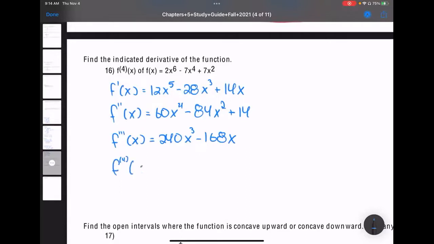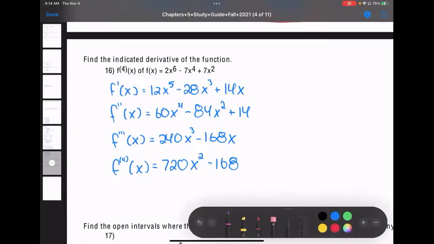And quadruple prime, or the fourth derivative of f of x, is 720x squared minus 168. And the last line is your answer.